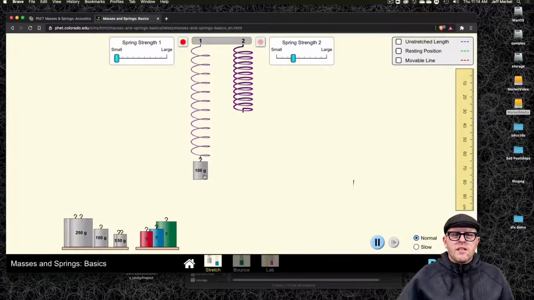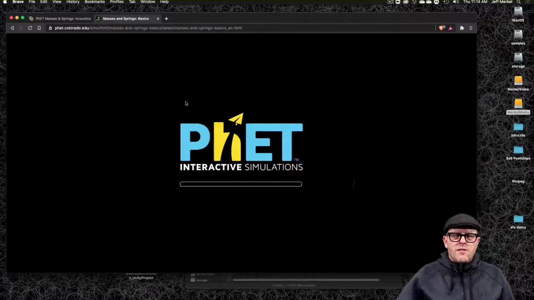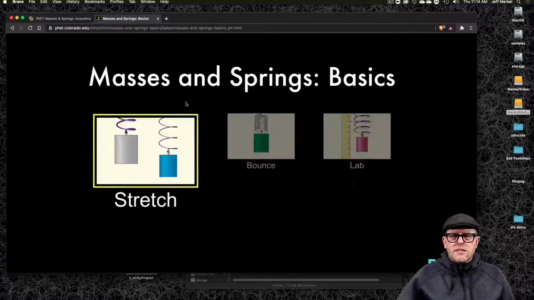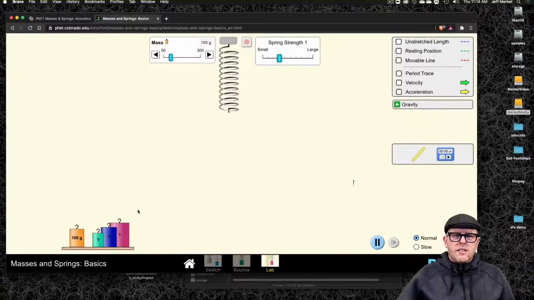Let's try that. I don't know why there's no damping. Maybe I'm choosing the wrong one. Let's try one of the other ones. Maybe it's the lab one. Let's try the lab. There we go.